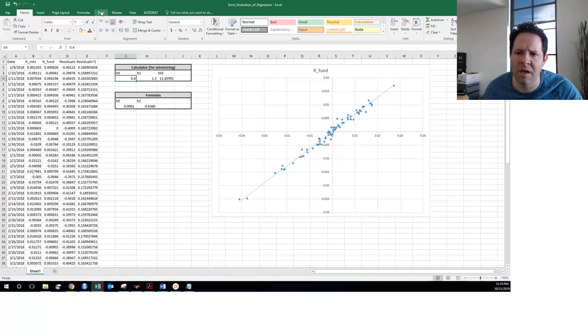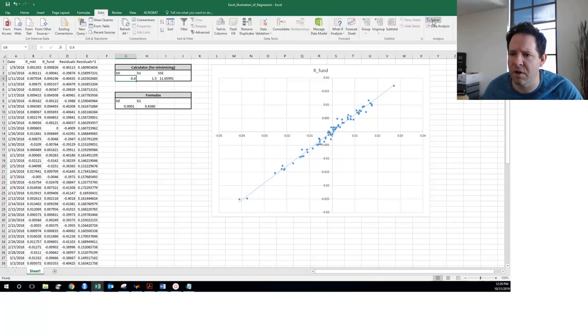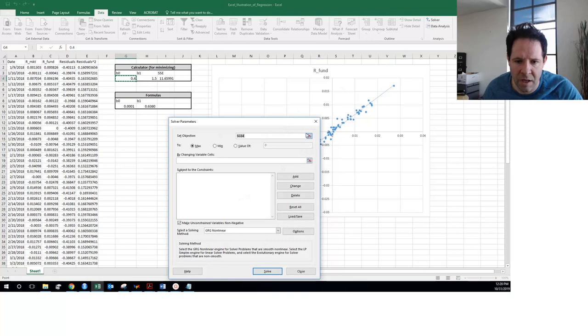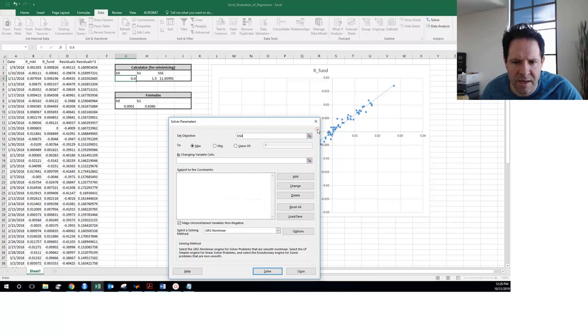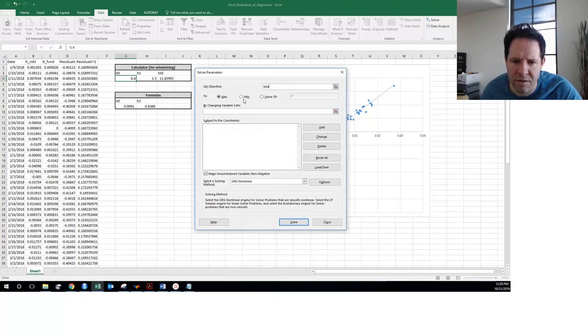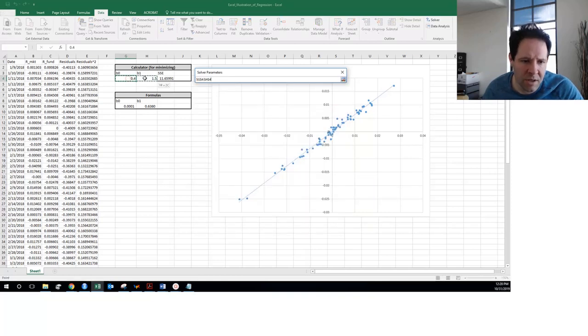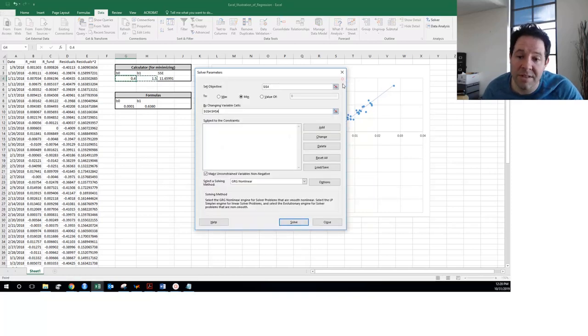What I want to show you is that if you have the Solver add-in in Excel, and I hope you can do that on your own time, we can take this SSE and minimize it by changing the slope and the intercept. What this tells Excel is try out a bunch of slopes and intercepts until you find the one that makes the sum of squared errors the smallest.